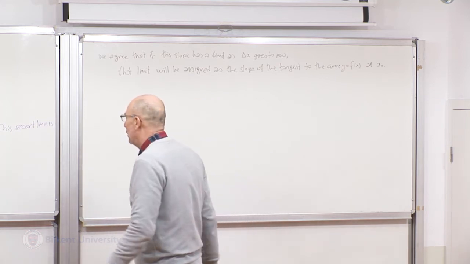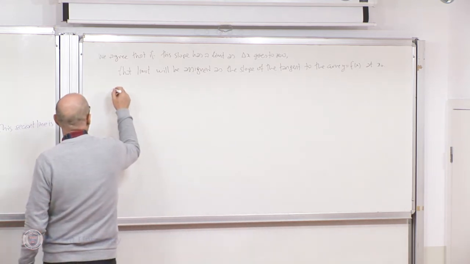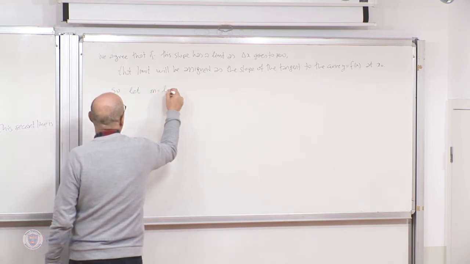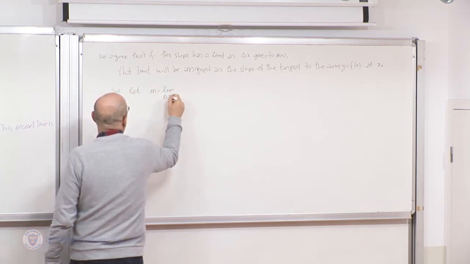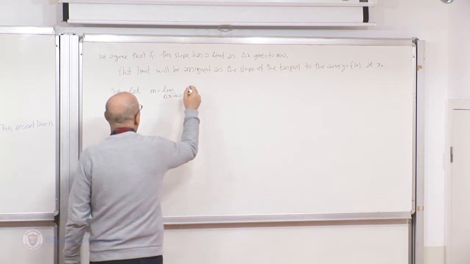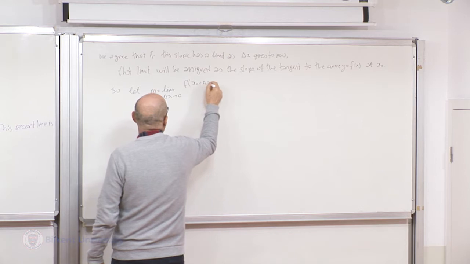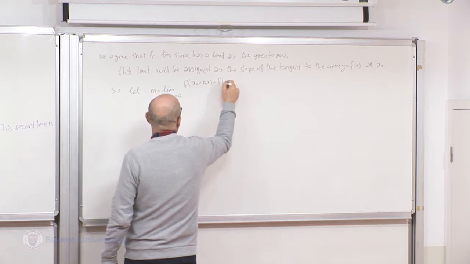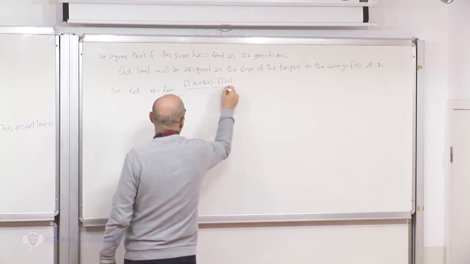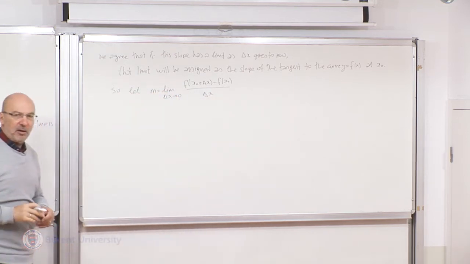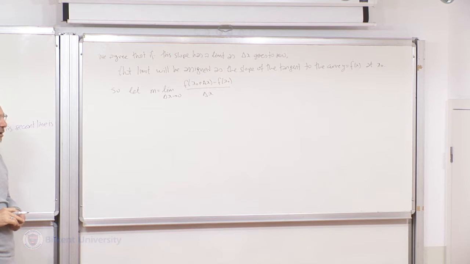Then we take this limit. So let m equal the limit as delta x goes to 0 of f of x sub 0 plus delta x minus f of x sub 0, divided by delta x. Assume that the limit exists. We assign it the number m.